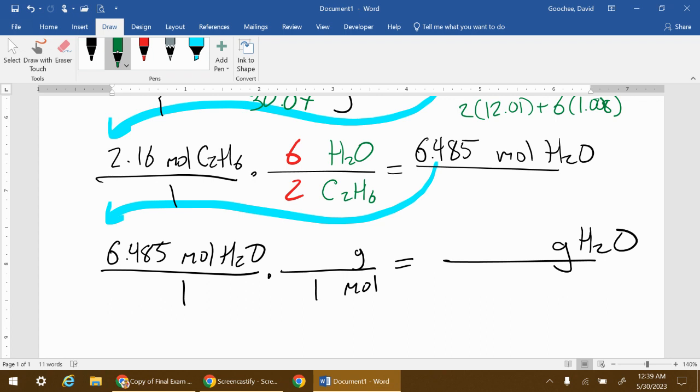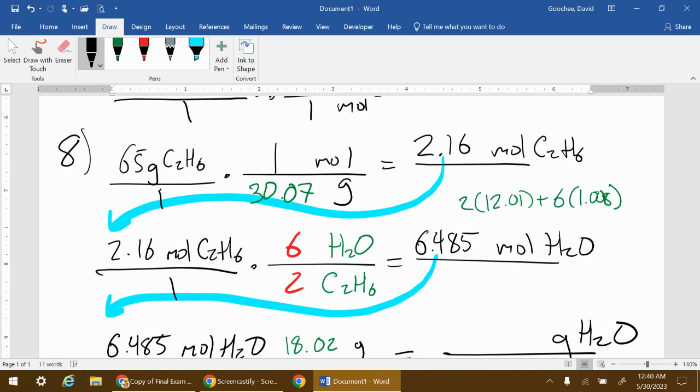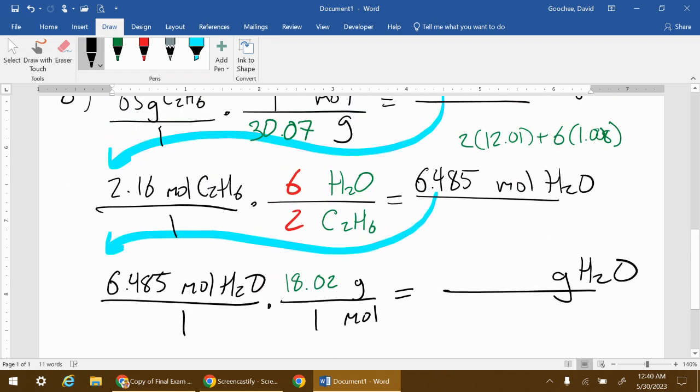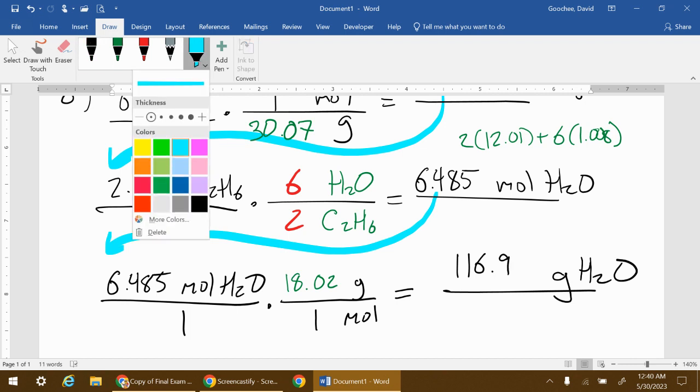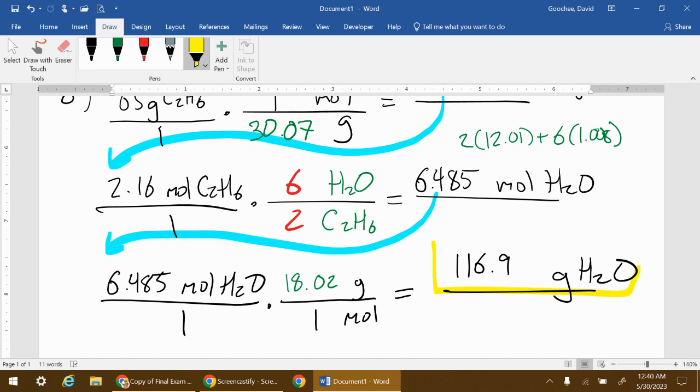H plus O is essentially 1 plus 1 plus 16, so that's 18.02 grams per mole. So altogether, we produce 116.9 grams of water.